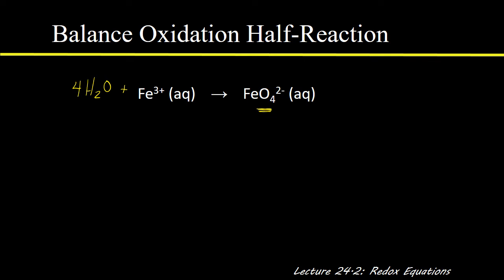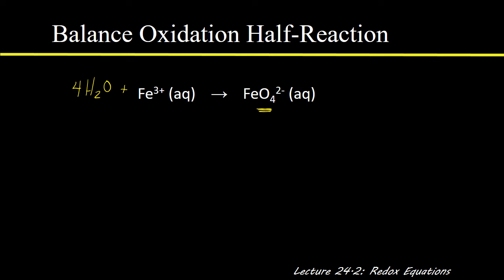All right, so we balanced our oxygens. We've got 4 on both sides. Now we have to balance the hydrogens. Oh, let me back up a minute. We said one of the things that's helpful is to predict the number of electrons. And if iron is going from +3 to +6, that means it must be losing 3 electrons. So we should end up with 3 electrons as a product in this reaction.